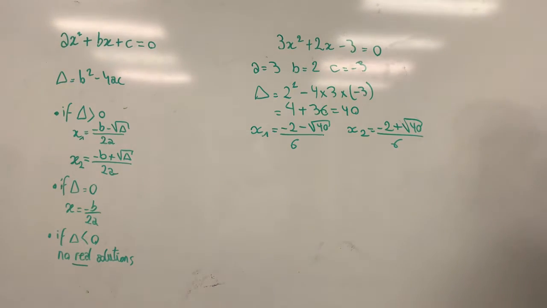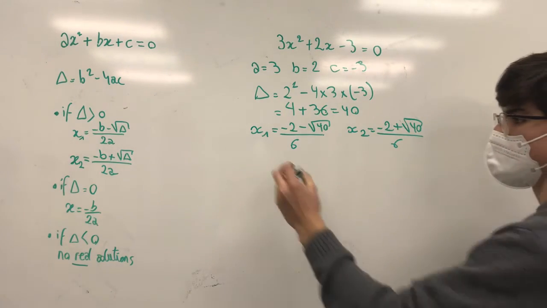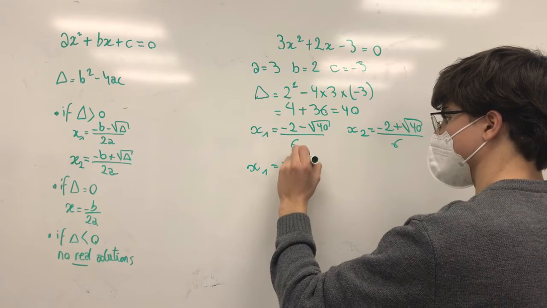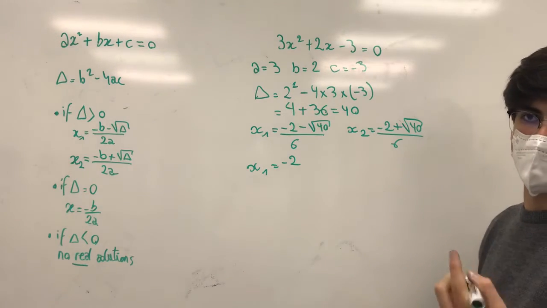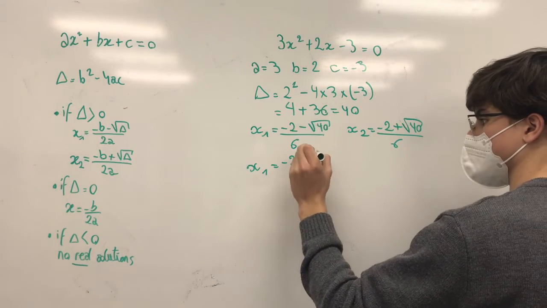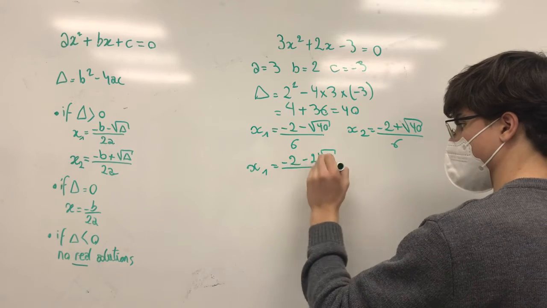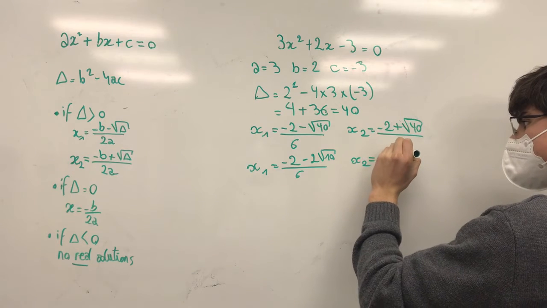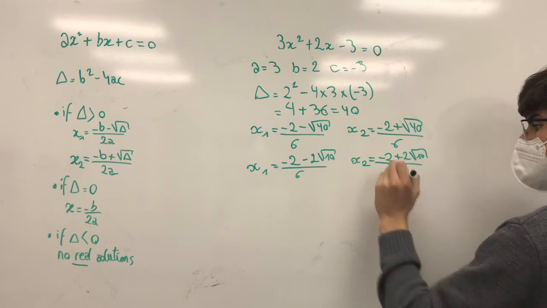Now, those are solutions, but we can simplify them. So x1 equals minus 2. The square root of 40 is actually 2 times the square root of 10. So we get minus 2 minus 2 times square root of 10 over 6. And x2 equals minus 2 plus 2 square root of 10 over 6.